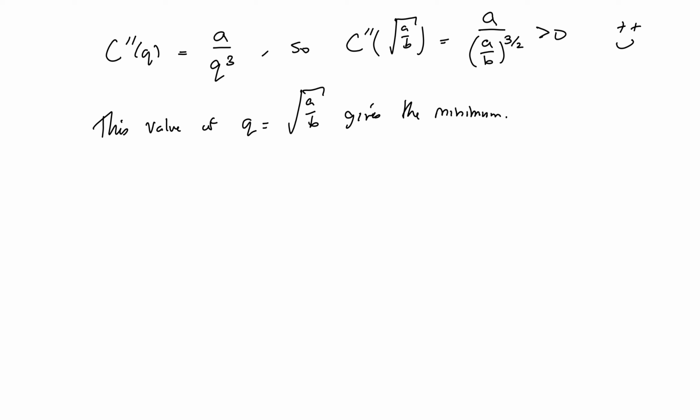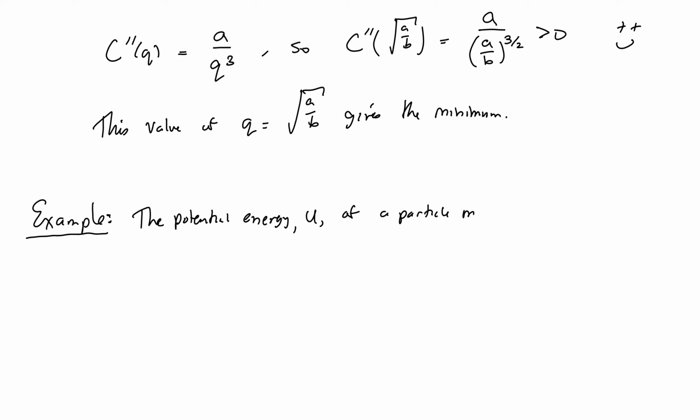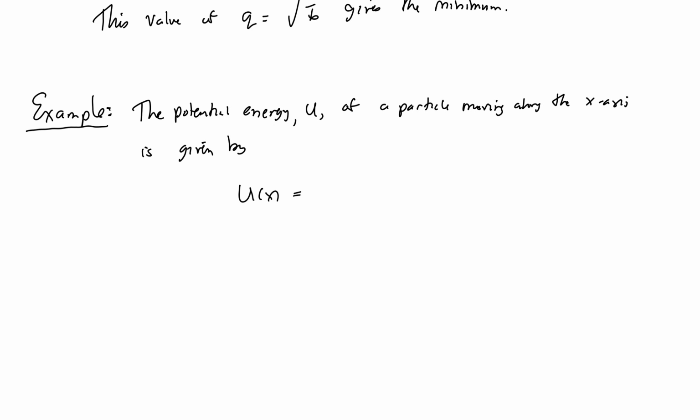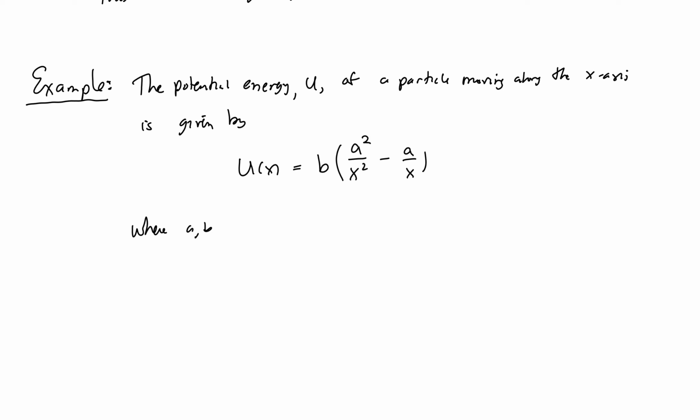Okay, so let's try another example. Our potential energy of a particle moving along the x-axis is given by U of x equal to B times A squared over x squared minus A over x, where A and B are positive constants, and we want x to be bigger than 0.